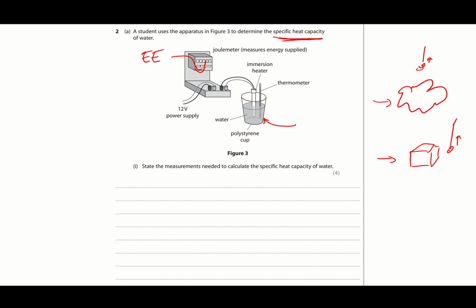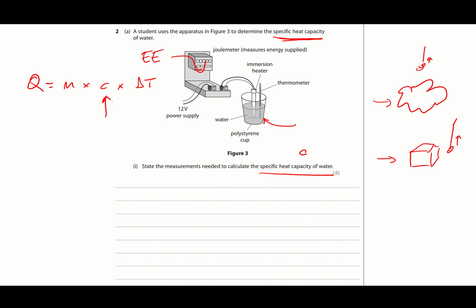So it says state the measurements needed to calculate specific heat capacity. Well, for the specific heat capacity of water, the symbol for that is C. We're going to need the equation Q equals M times C times the change in temperature.